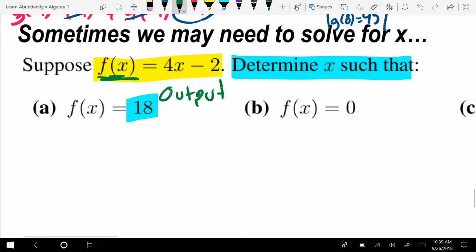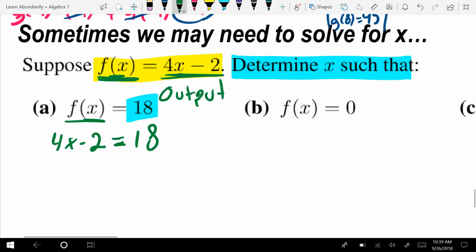In order to do that, we can remember that 4x minus 2 is equal to f of x. So when I have f of x here, I'm going to go ahead and replace that. I'm going to substitute that in, and I'm going to rewrite this equation not with the f of x, but with the other half of that equation. Since f of x equals 4x minus 2, I can swap those out like it's no big deal.